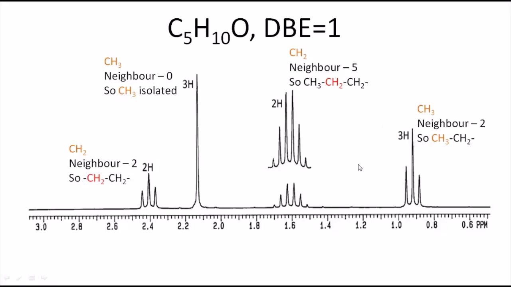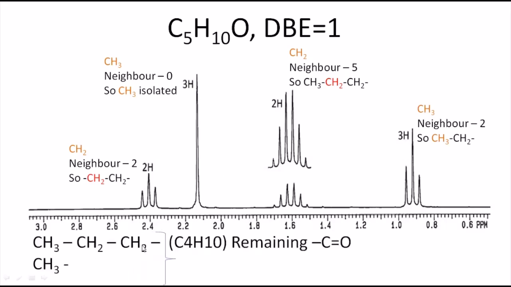But we have to couple everything together. One more thing, if you see here, the CH3, CH2, CH2 collectively, and there is one more isolated CH3. If you take the molecular formula of these fragments, it comes around C4H10.